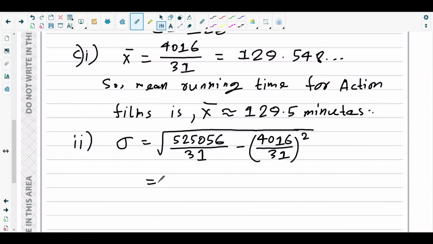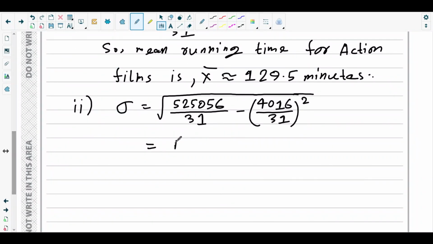So let's calculate 525,056 over 31 minus the mean squared, where the mean is 4016 over 31, whole squared. Then the square root of the answer gives you 12.430 something.